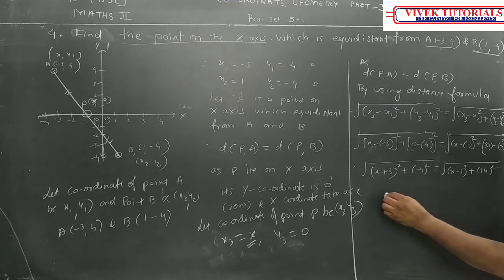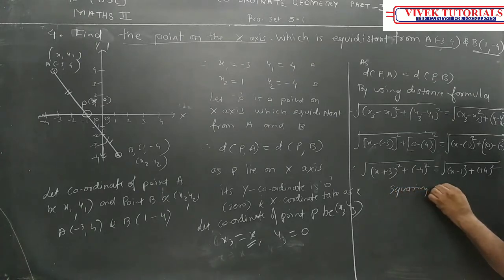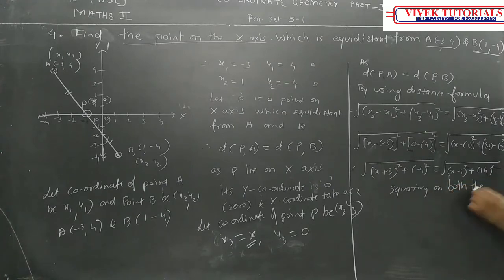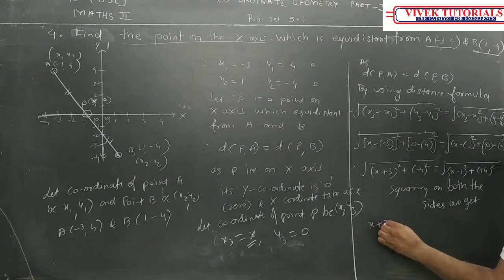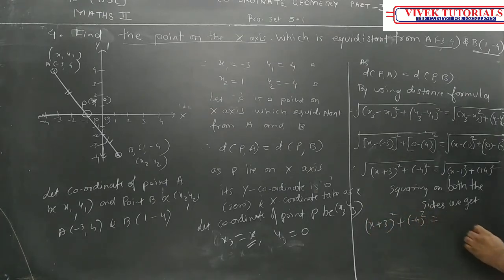So squaring on both the sides, if I square both the sides, the root term goes away and what I'll get is x plus 3 the whole square plus 4 the whole square, and x minus 1 the whole square is equal to 4 the whole square.